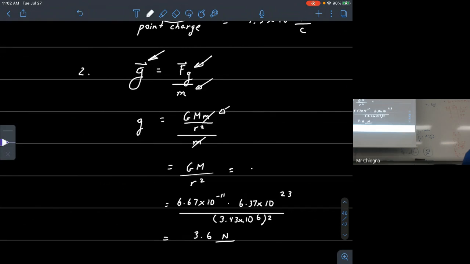Newtons, similar to electric field, it's not newtons, it's newtons per whatever you're dividing it by, in this case, mass, kilograms. It is not 9.8, obviously, because 9.8 is the Earth. That's what it would be at the surface of the Earth. It's almost 1/3 that of the Earth.